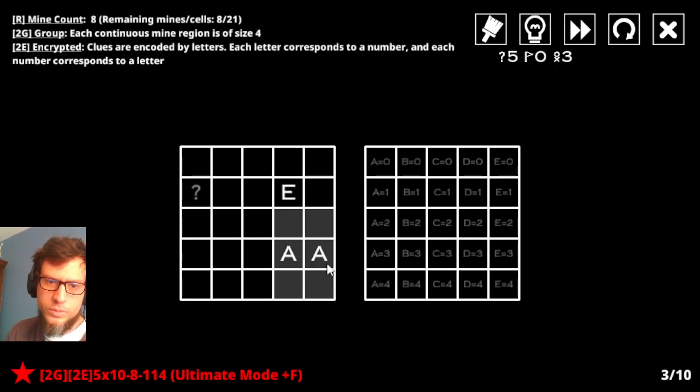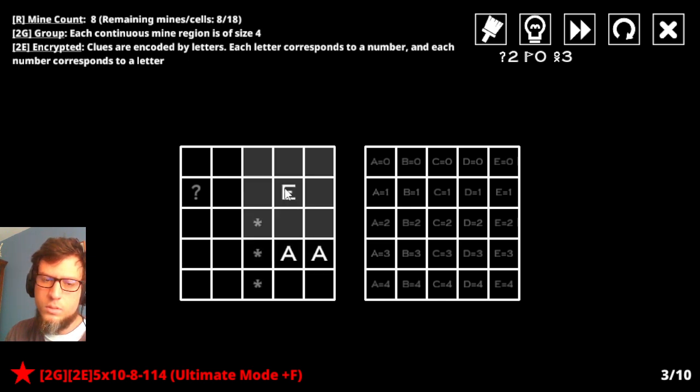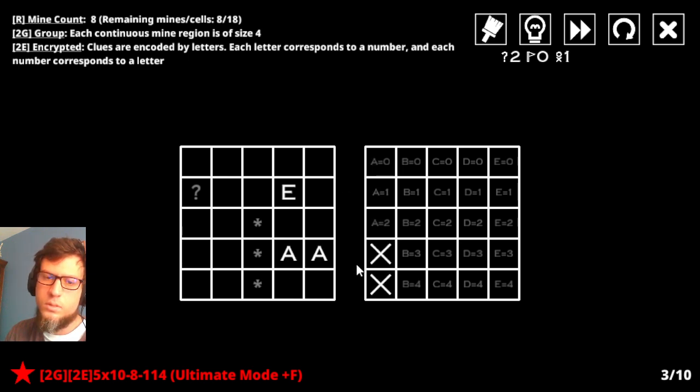Okay, just group encrypted. Well, these are gone, obviously. These can't be, so that means A is at most 2. And if these are mines, then E would have to be 4. But if A is 0, E could be something else.